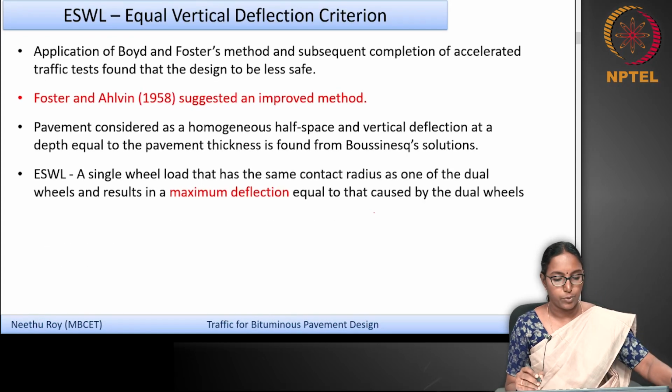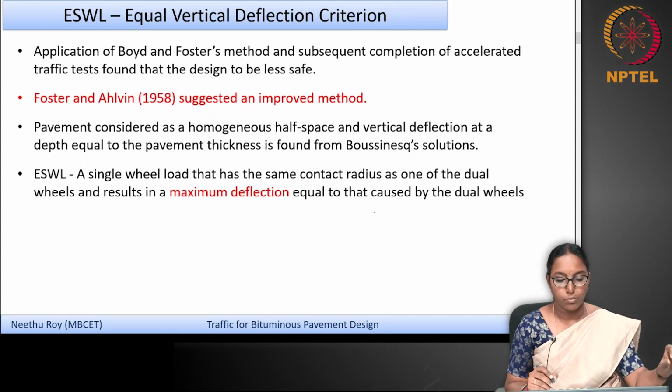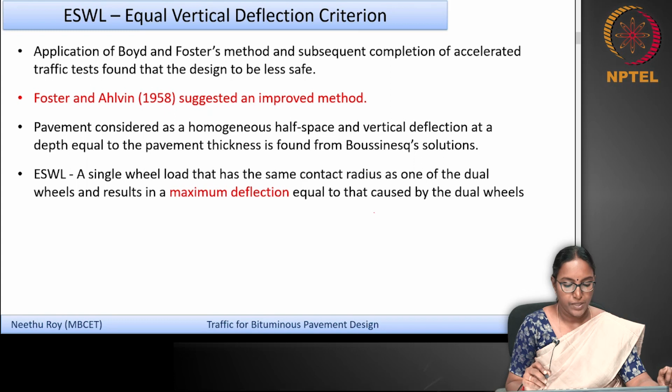So this is the third approach, which is the equal vertical deflection criteria to get the equivalent single wheel load. On the application of the earlier method, Boyd and Foster's method, and subsequent completion of accelerated traffic tests, the design was found to be less safe.